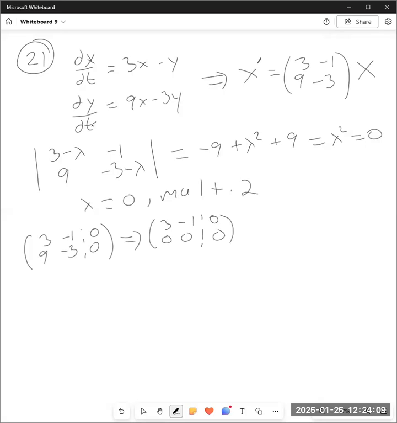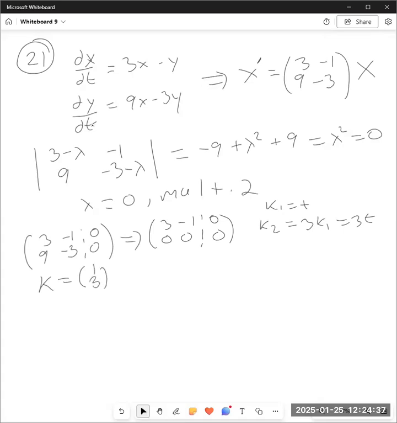So that means that K2 is equal to 3K1. I'm going to call K1 T, and that makes this 3T. So my matrix K that I'm interested in here is the eigenvector (1, 3).